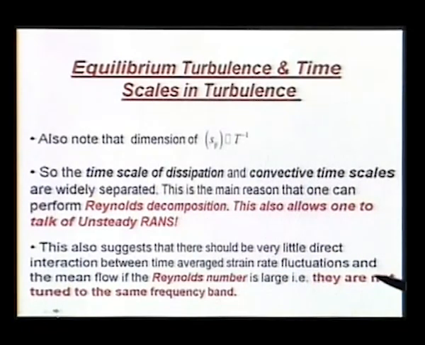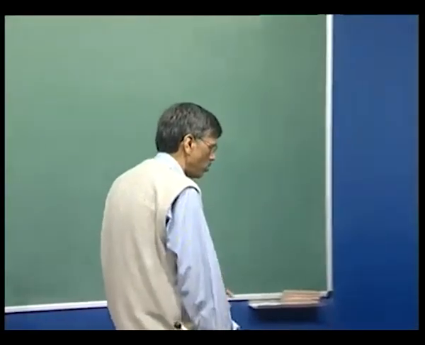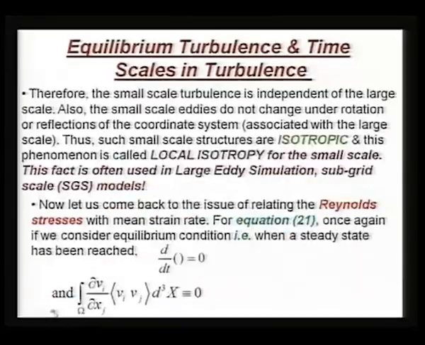So, that there is no direct interaction between time average strain rate of fluctuation and the mean flow, provided the Reynolds number is significantly large. So, in a sense you can just simply say it in one sentence that these two events, the mean and fluctuations, they are not tuned to the same frequency band, they belong to different frequency scales. Okay.